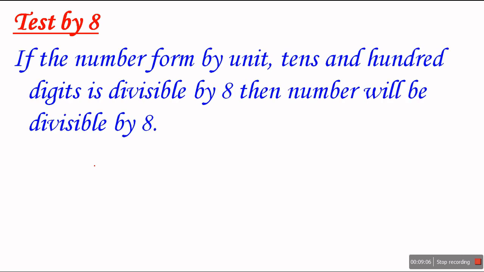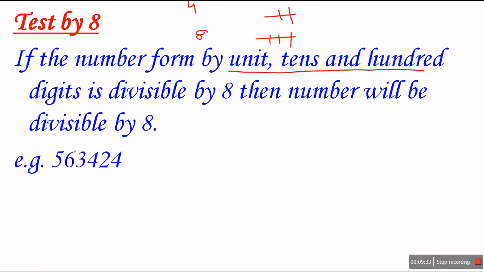By 8. If the number formed by the unit, tens and hundreds digits. Like in 4 we have seen the last two digits, that is the unit digit and tens digit. For 8, what are we looking for? Unit, tens and hundreds digits. So if the number formed by the last 3 digits is divisible by 8, the number will be divisible by 8.